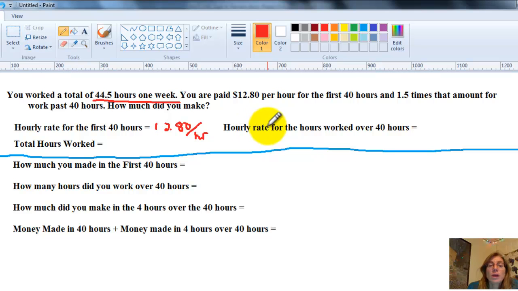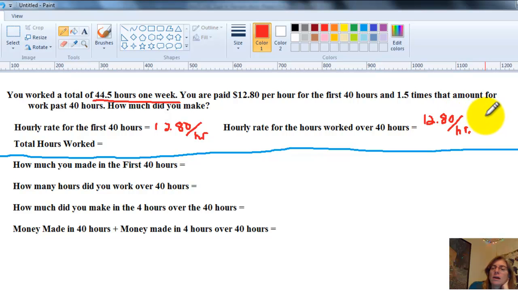And the hourly rate for the hours worked over 40 hours, which is 1.5 times this amount. So we're going to have that amount, but you're going to get 1.5 times more than that.